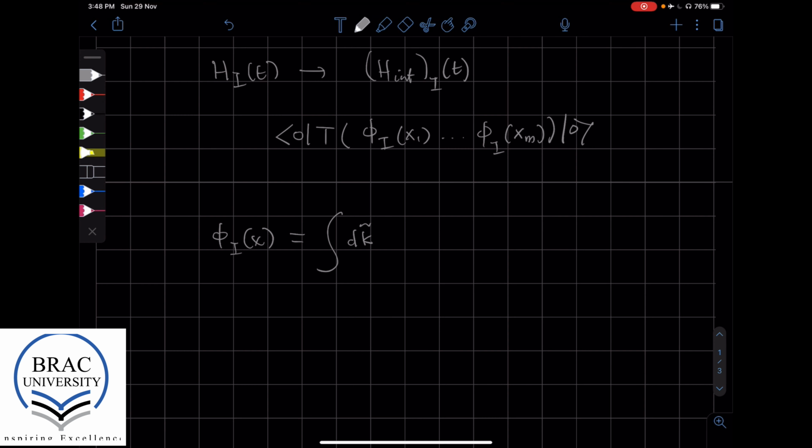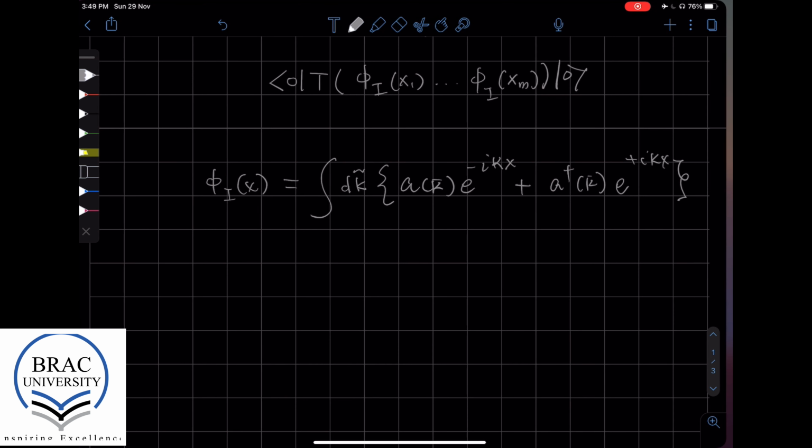As we saw in the last few lectures, the interaction picture allows us to express the operators as a Fourier integral, which coincides with the expression for the free field theory, even though we are not dealing with the free field theory.